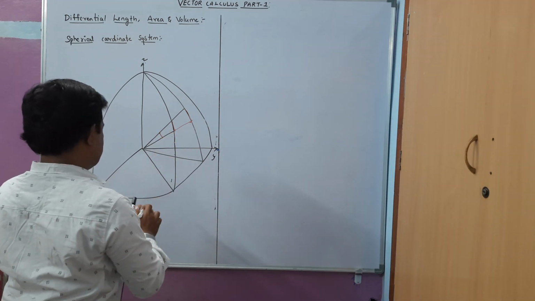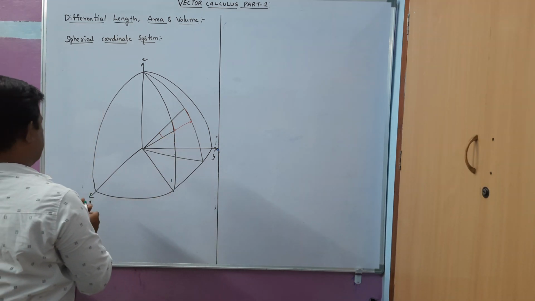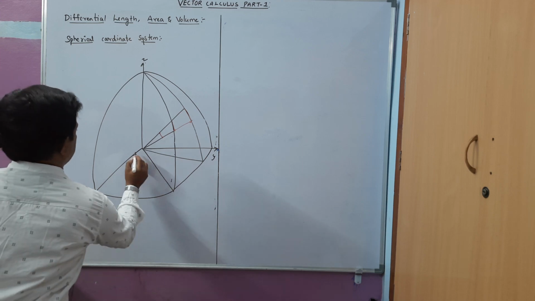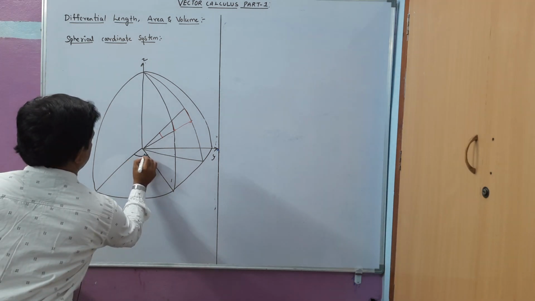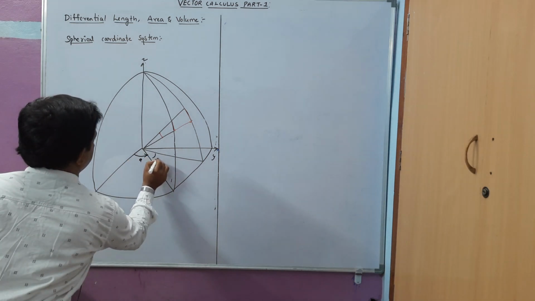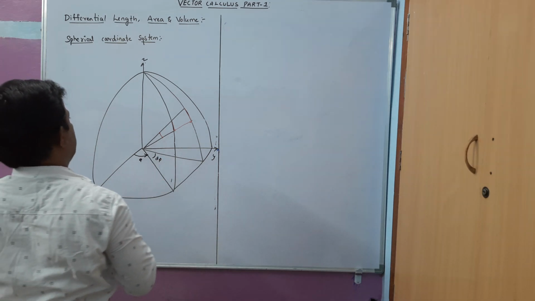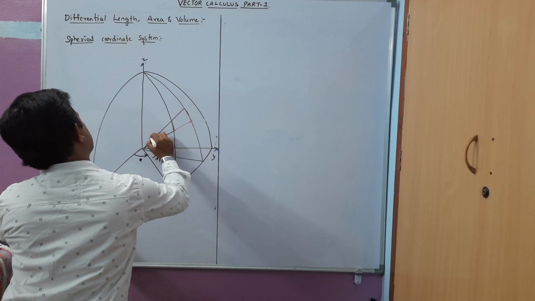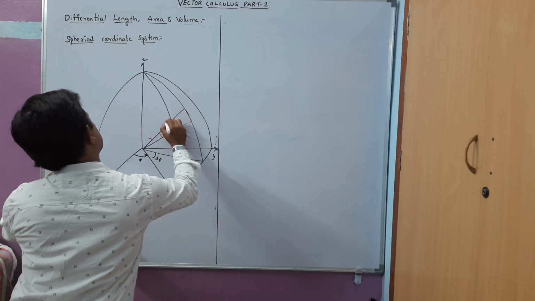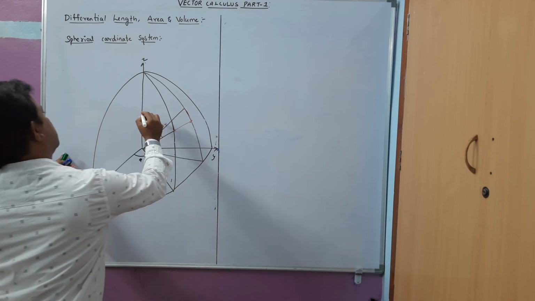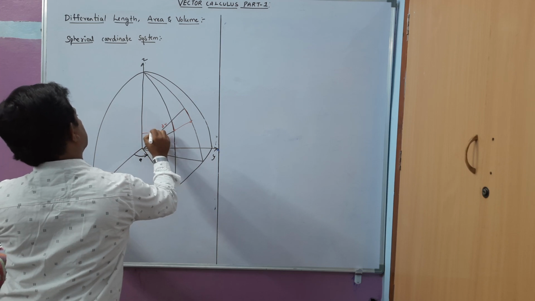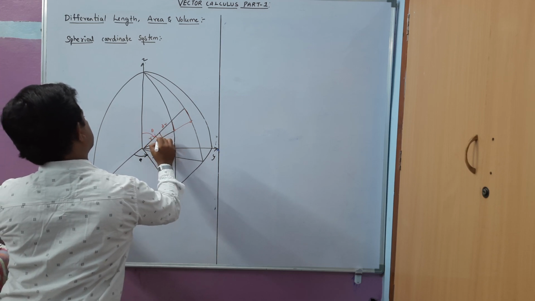Now I will write the coordinates here, that is r, theta, phi. This is the phi direction, this is d phi, and this is r, this is dr, and similarly this is theta, and this is the change d theta.